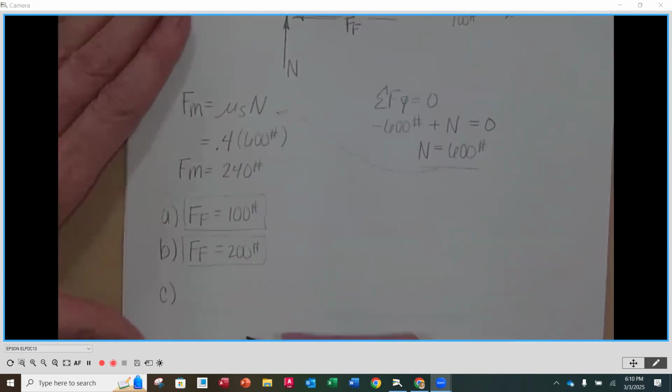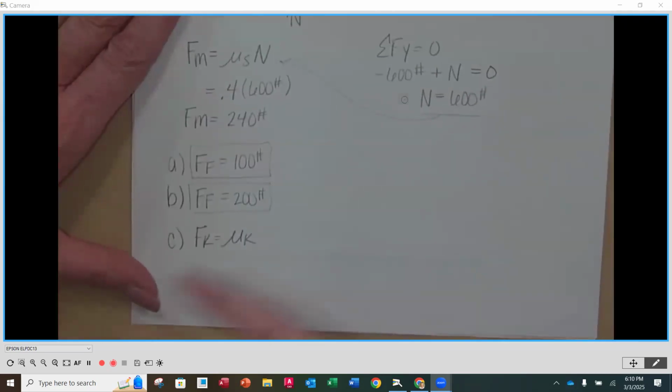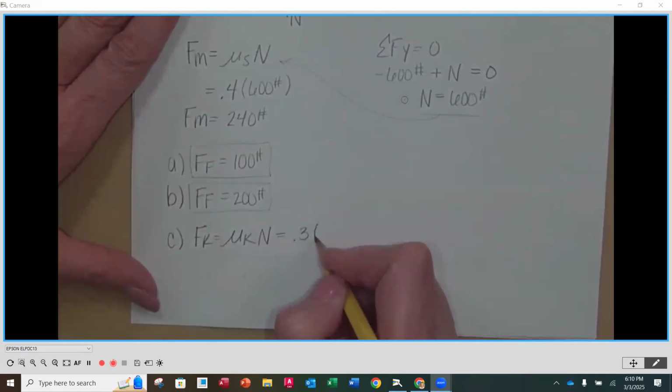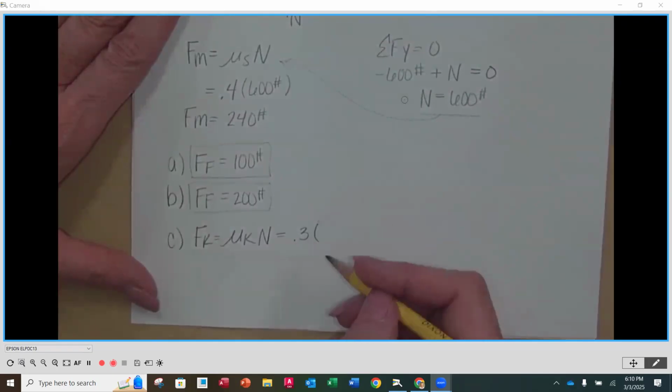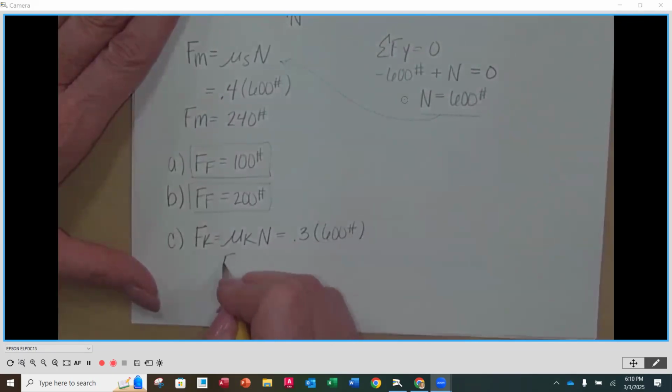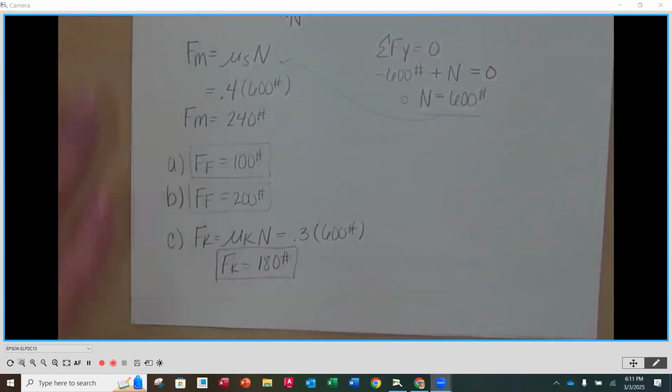For part C, our kinetic friction force is 0.3, unitless, so there are no units there, times 600 pounds. So our kinetic friction force is going to be 180 pounds, right? And that'll continue to be 180 for every force after 240.